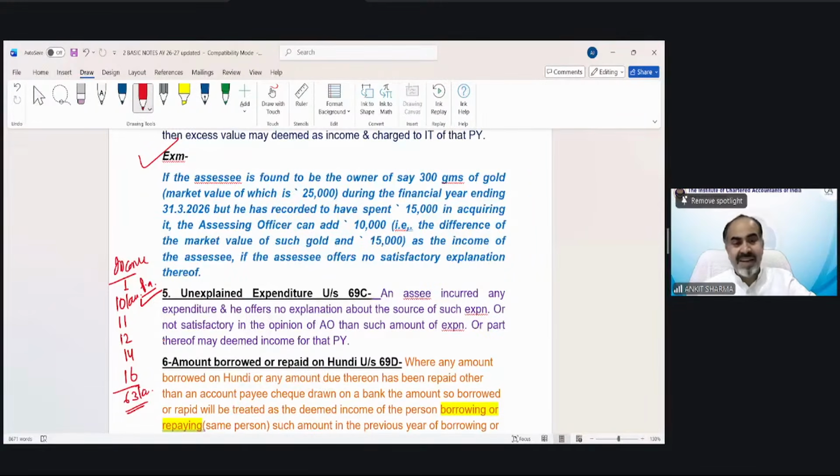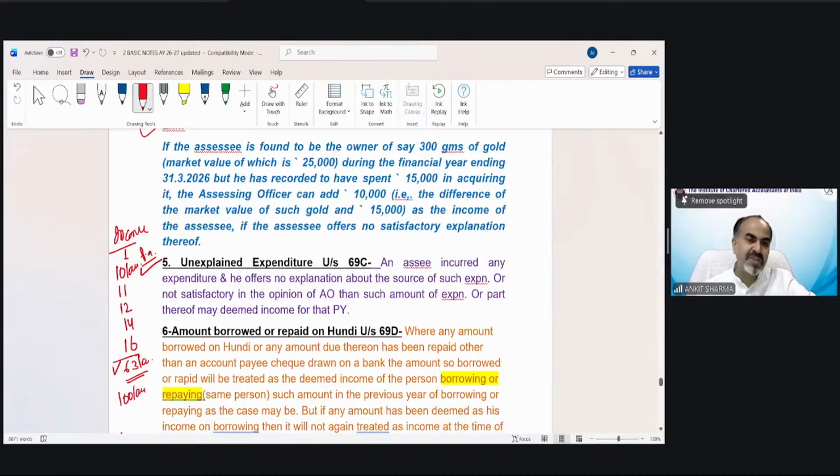If he has made any expenditure, suppose he purchased a house for 100 lakh rupees. As per income tax department information, he must have income of 63 lakh rupees. And out of this 63 lakh rupees, he must have spent on his personal expenditure also. So this is 63 lakh rupees before his personal expenditure.